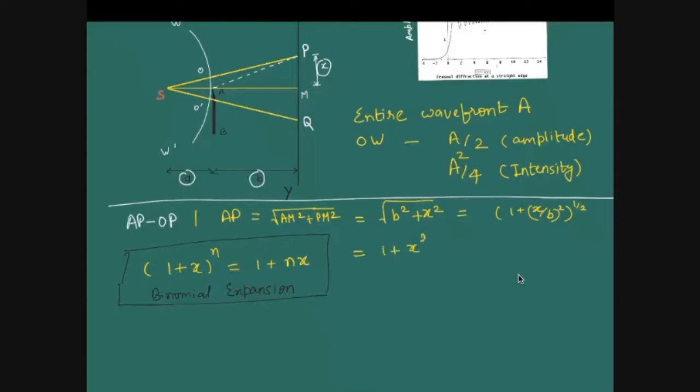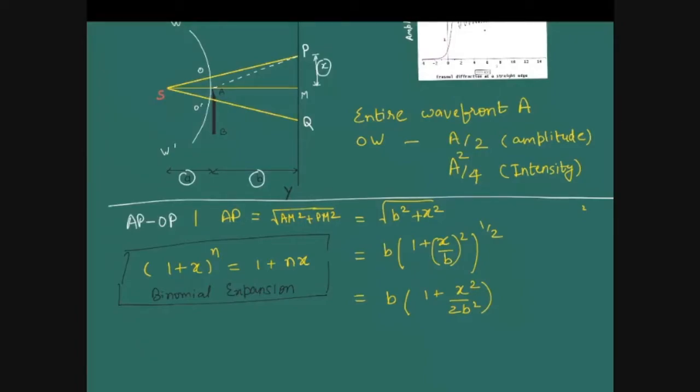So this is our AP. We are taking B common, that I did not mention. So it would become B into 1 plus (x by b) whole square raised to 1 by 2. Then after applying binomial, it will become b multiplied by 1 plus x square by 2b square. Now let us go to the next one.